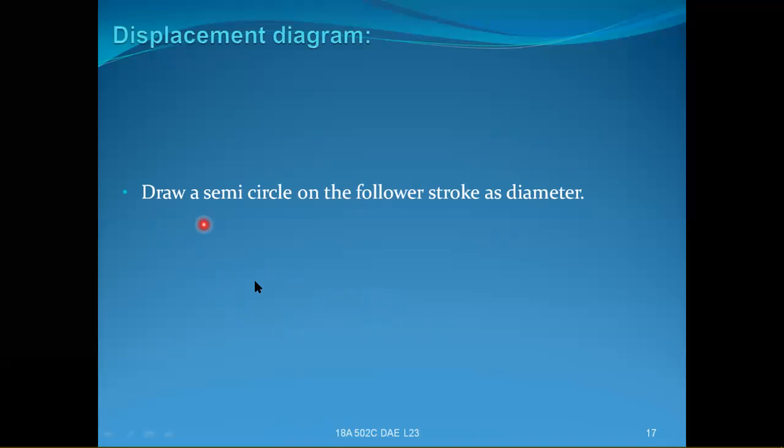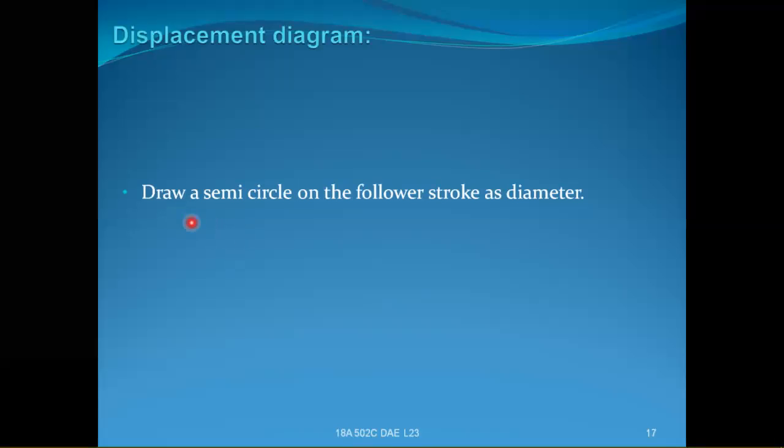In the previous case, we have taken angular displacement or cam angles on x-axis, and on y-axis we have taken displacement of the follower, lift or stroke, and complete the rectangle same as in the previous uniform velocity displacement diagram, and divide the x-axis into outstroke, dwell, return stroke and dwell by the given angles, thereby complete the rectangle and divide the outstroke and return stroke into any equal number of parts.